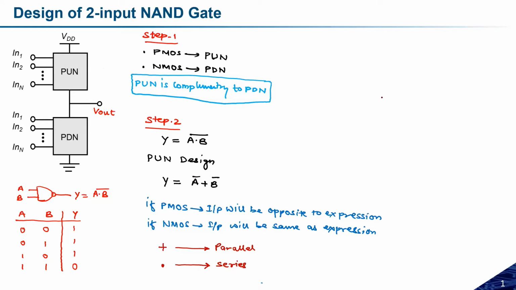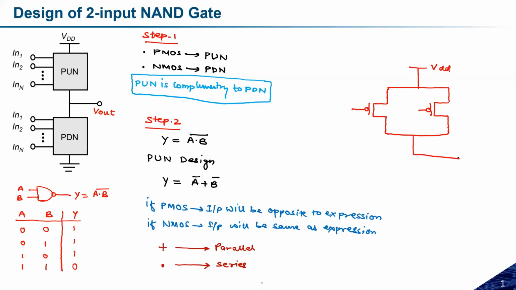So considering these things, let us try to design how this will look. Because here we have the plus symbol, both the PMOS transistors should be in parallel. Here I have connected both the PMOS transistors, and we know that because we are designing the pull-up circuit, the pull-up network is always connected between VDD and the output.